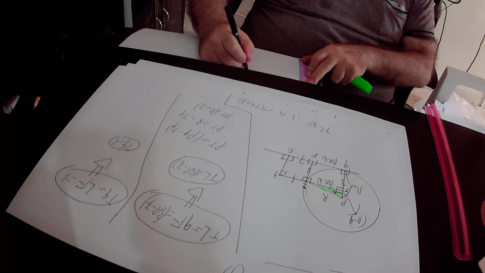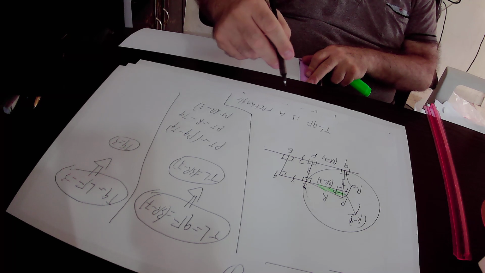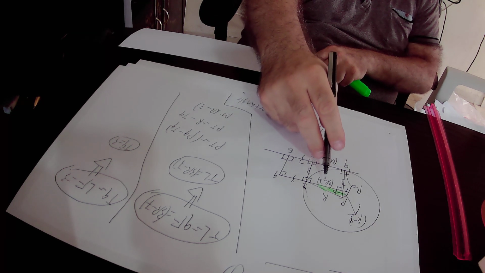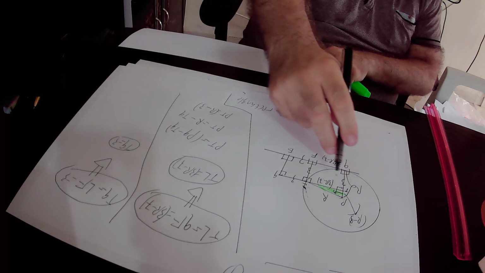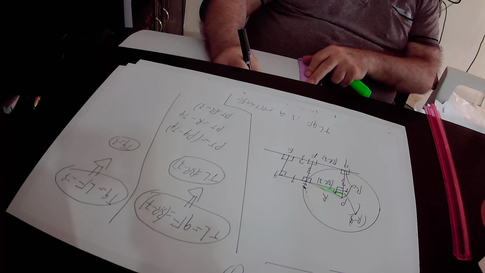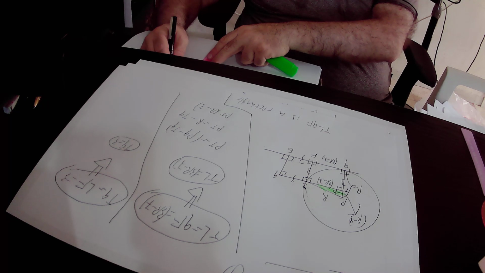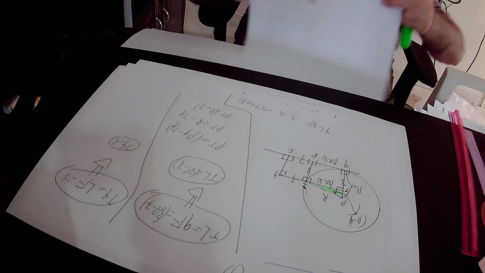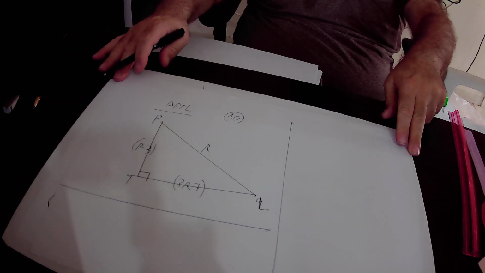Side TL equals 3r minus 7. And the hypotenuse PL, the green right triangle, is equal to R. This is the right triangle PTL that I copied from the original drawing.